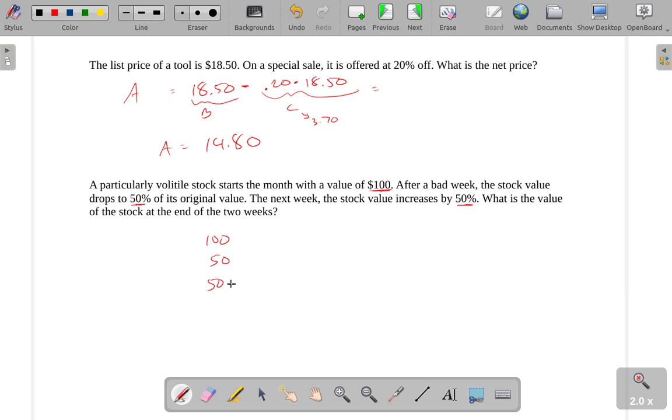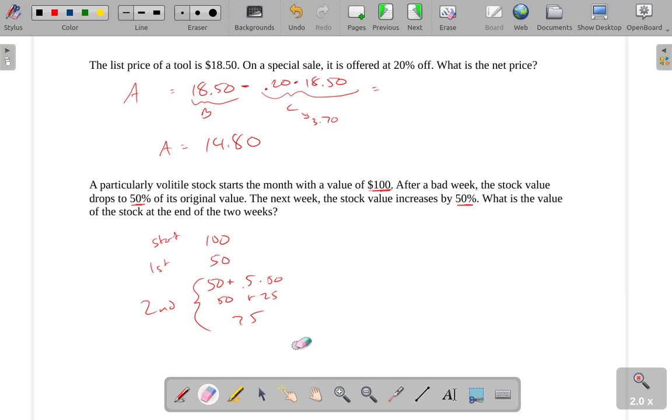So this is going to be 50 plus 50% of 50, so 0.5 times 50, which gives me 50 plus 25, which would be $75. So this is the start of the month, this is after the first week, and this was after the second week. After the second week, it's gone up to $75.